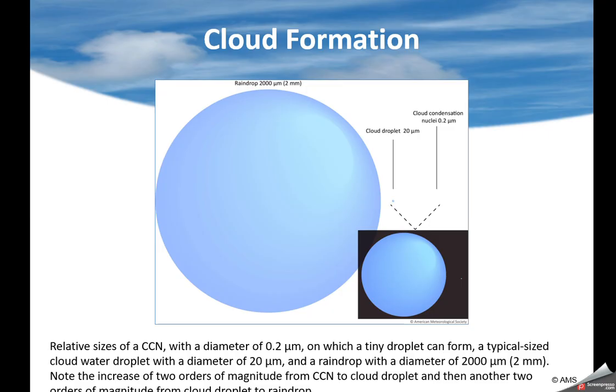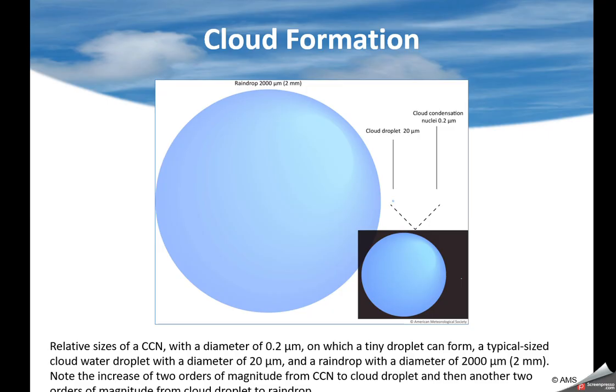All the saturation vapor pressures we talked about in the last video are on a flat surface of water. Well, that would be the case in almost anything except these tiny little droplets. They're not even the size of rain droplets.